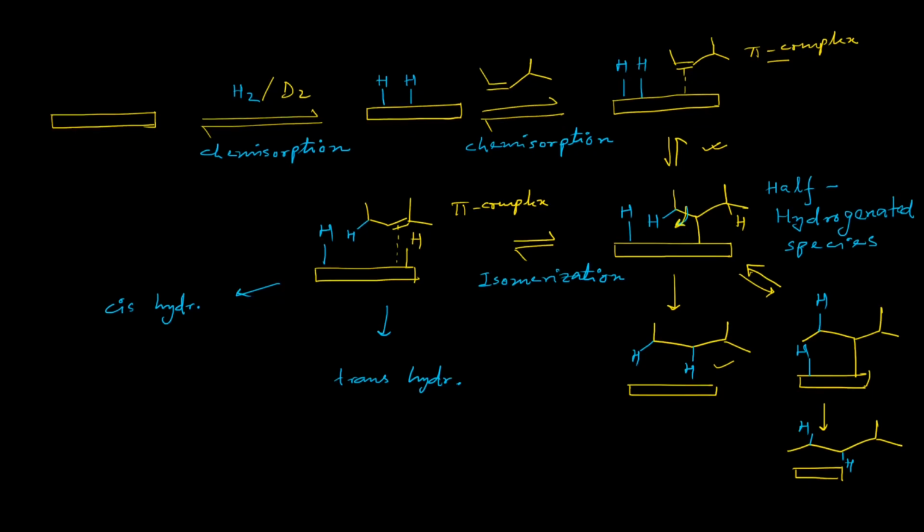So now let us quickly consider the molecular orbital treatment of this heterogeneous catalysis. During the adsorption, what is happening is basically the palladium metal is accepting the electronic cloud, which is pi electronic cloud in case of the alkene and sigma electronic cloud in case of hydrogen, right?